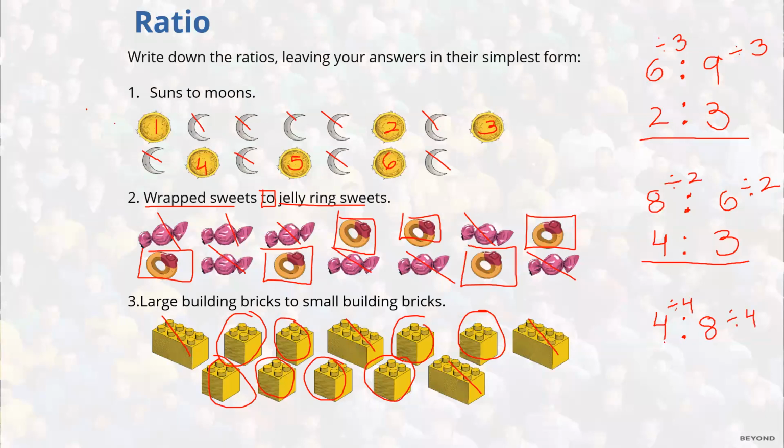What is 4 divided by 4? It's going to be 1. Very good. And 8 divided by 4 is 2. Very good. So the ratio of large building bricks to small building bricks is 1 to 2.